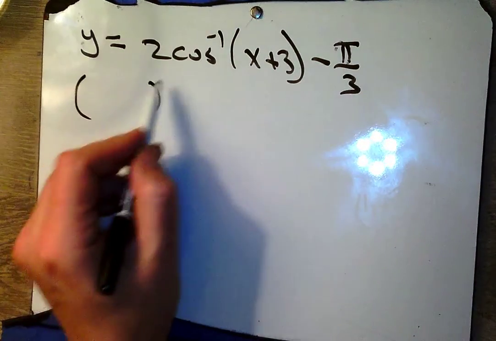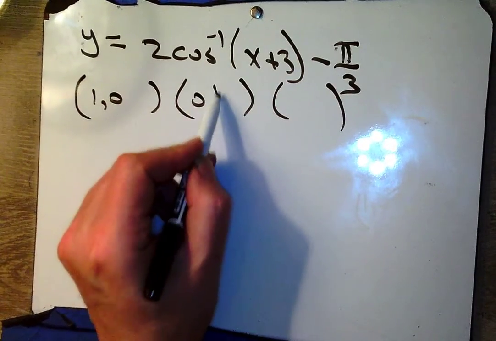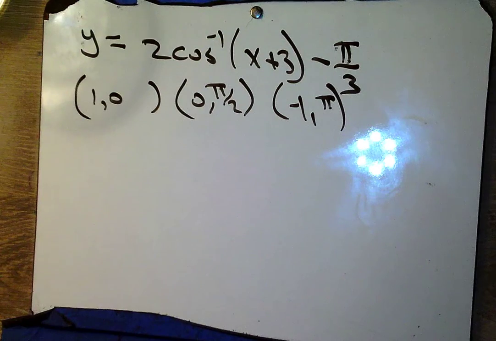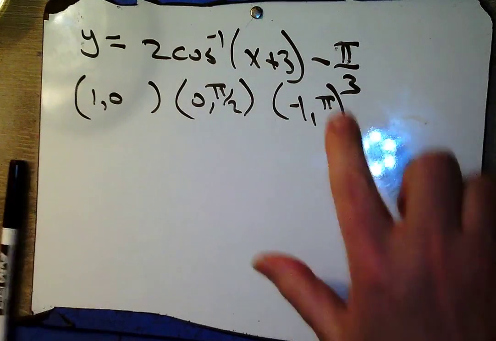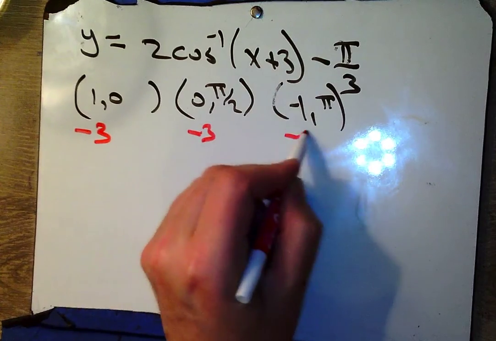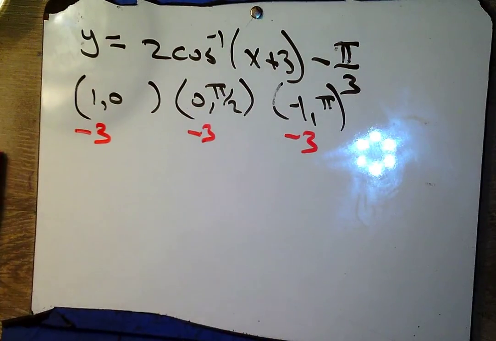So start with those reference points. (1, 0), (0, pi over 2), (negative 1, pi). And I see a bunch of transformations here. I only see one x transformation. This one here is going to shift my graph left 3, because I'm going to subtract 3 from all those x values.